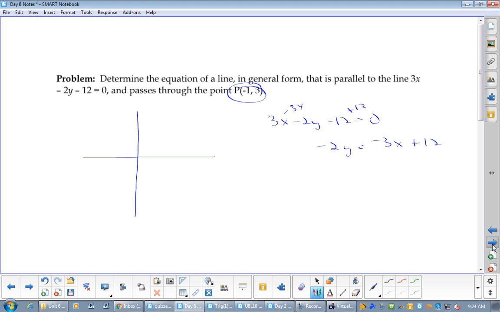Okay, and then I will divide by negative 2 to everybody. y equals 3 over 2x plus 6. It is minus 6. I just noticed that. Minus 6.